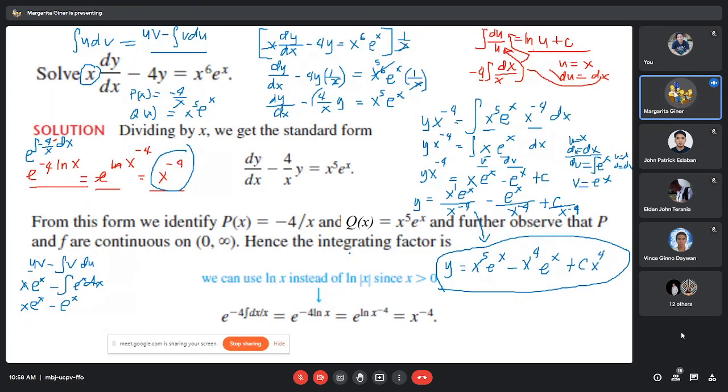This is just the basics of differential equations. That is why in all of calculus, DE is one of the difficult parts.